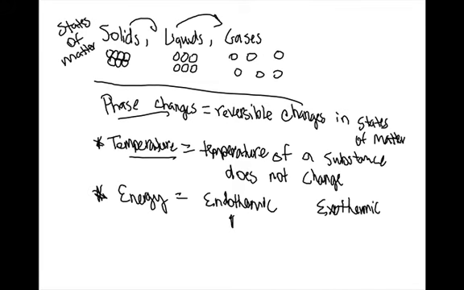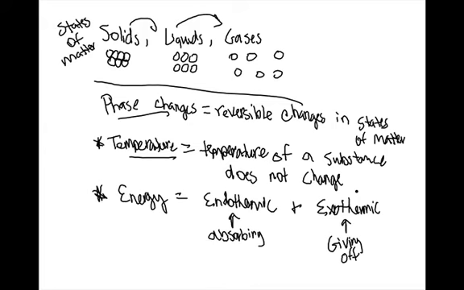We said that this one is absorbing energy or taking it in, and this one here is giving it off, so it's giving off energy or giving off heat. These are the two different types of energies that we see. All phase changes are either going to be an endothermic or an exothermic reaction, so energy is either absorbed or released during a phase change.